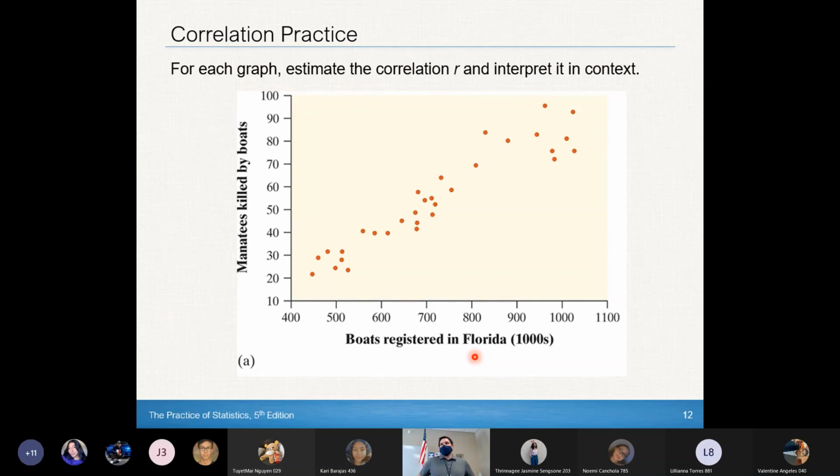And so R is going to be positive, greater than 0, because we have a positive association. And it's probably around 0.8. A lot of our points are very close to the line of best fit if we were to draw one. And in context, that means the more boats that are registered, unfortunately, the more manatees that are killed by the boats.